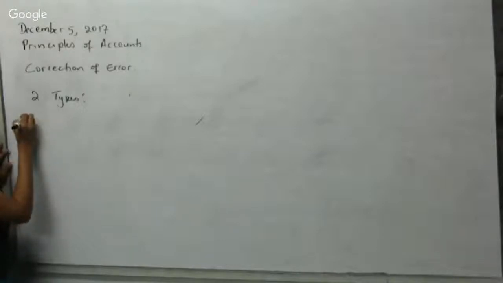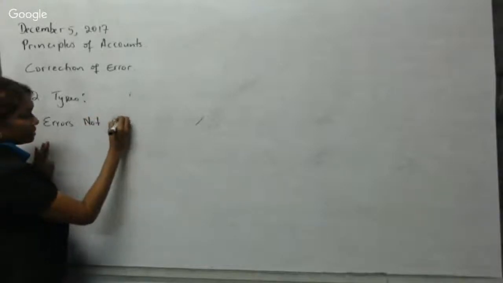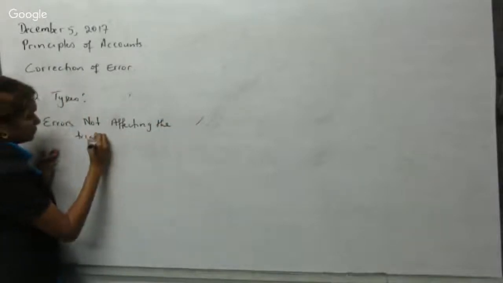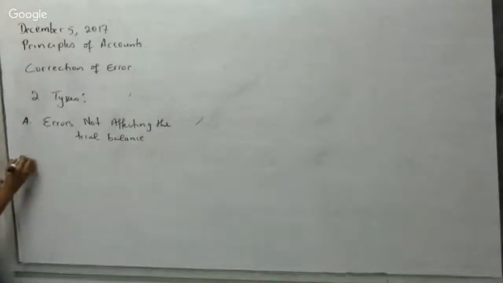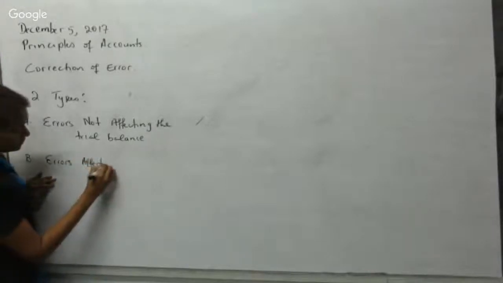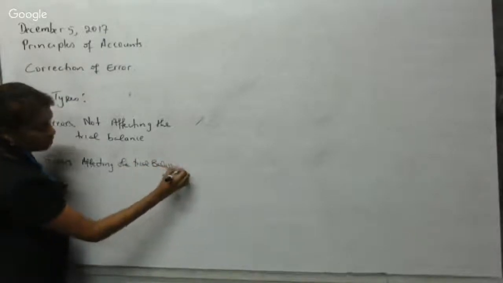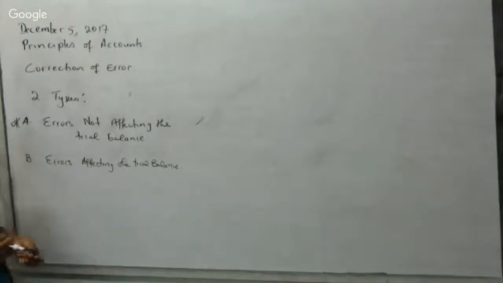We have errors not affecting the trial balance, and then you have errors affecting the trial balance. The one that we're going to be focusing on tonight is this one: errors not affecting the trial balance.